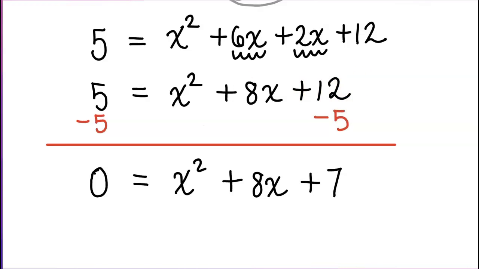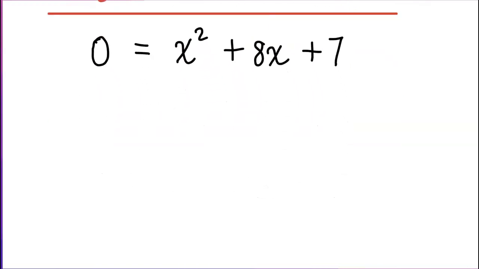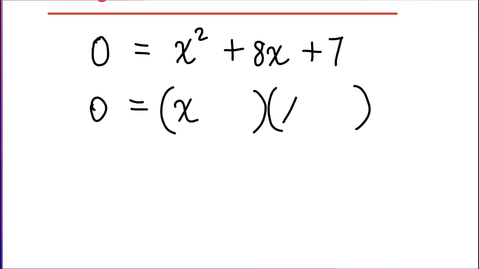Now let us factor this trinomial into x plus 1 and x plus 7, because 1 times 7 is 7, and 1 plus 7 will give us the 8x in the middle.